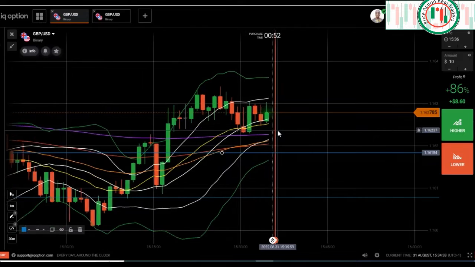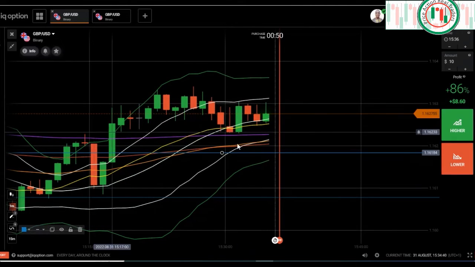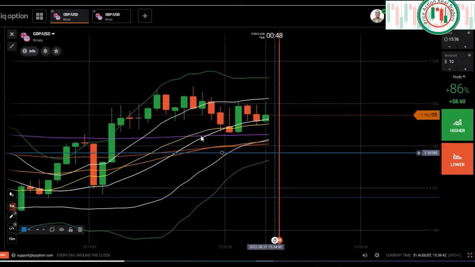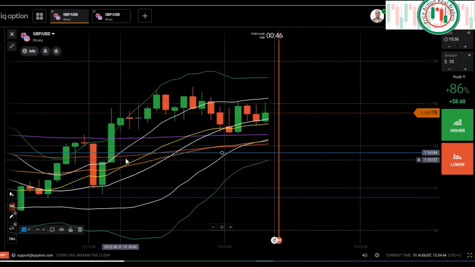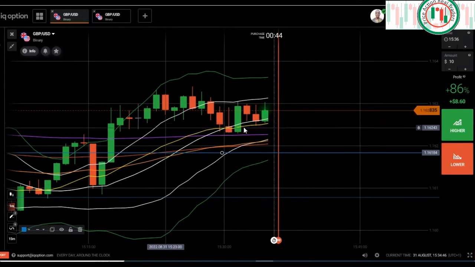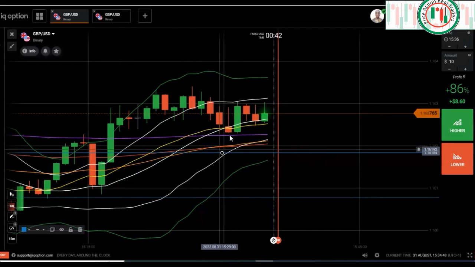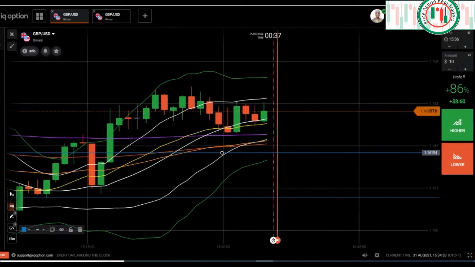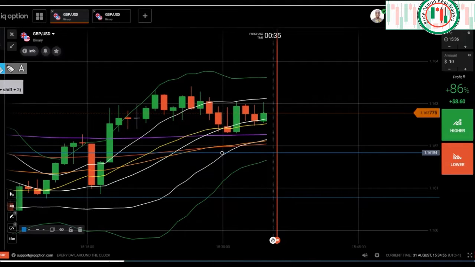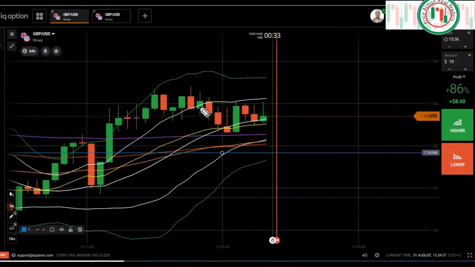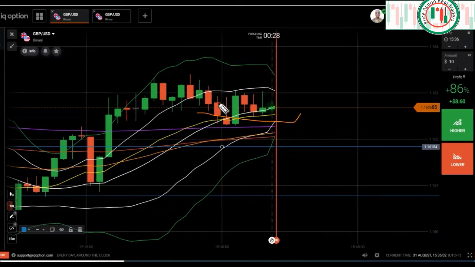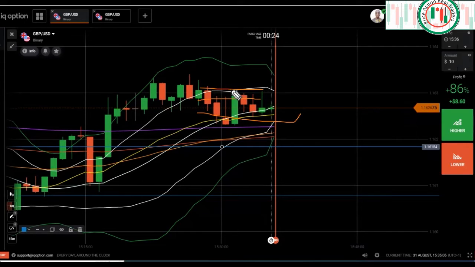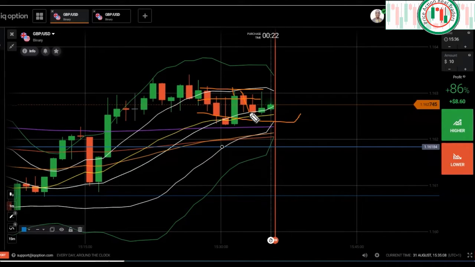Like here you see, you are in a ranging market, you see 200 is flat, and these are crossing each other. Here this is your zone, this is the engulfing zone. And you see market close or reject, then you can place your trade.